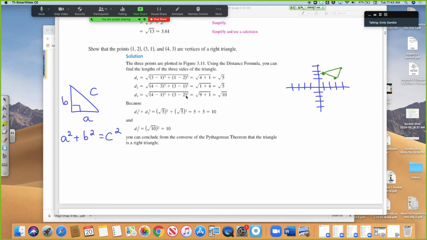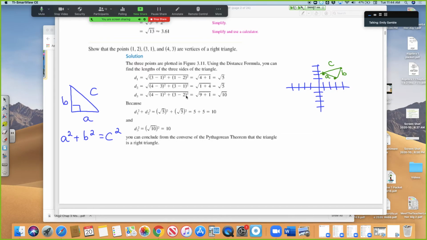And what we're going to use is the distance formula to determine if that is true or not. What happens here with the distance formula is it says if you find the distance of these 2 points, and these 2 points, and these 2 points, and use the Pythagorean theorem, it will work out.